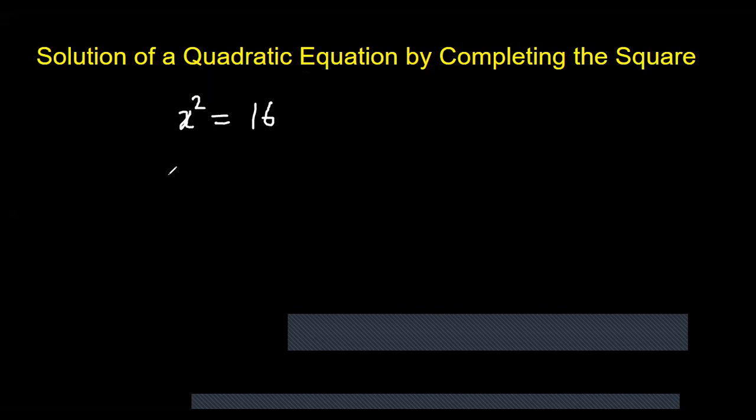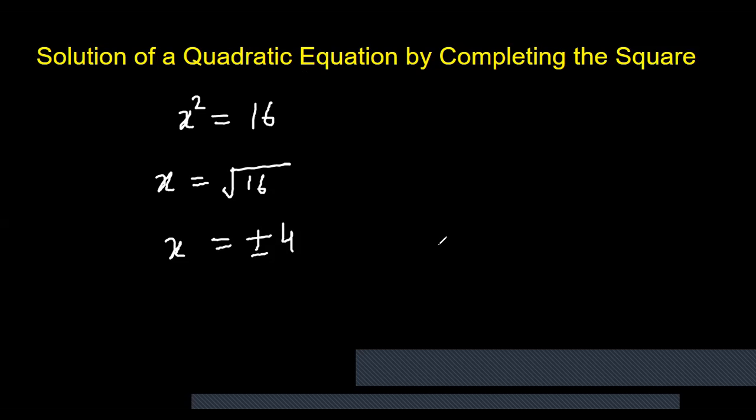Now, this means x is equal to the square root of 16, or x is equal to plus minus 4, because the square of plus 4 is also 16 and the square of minus 4 is also 16. So we can say the roots or solutions of this equation are 4 and minus 4.